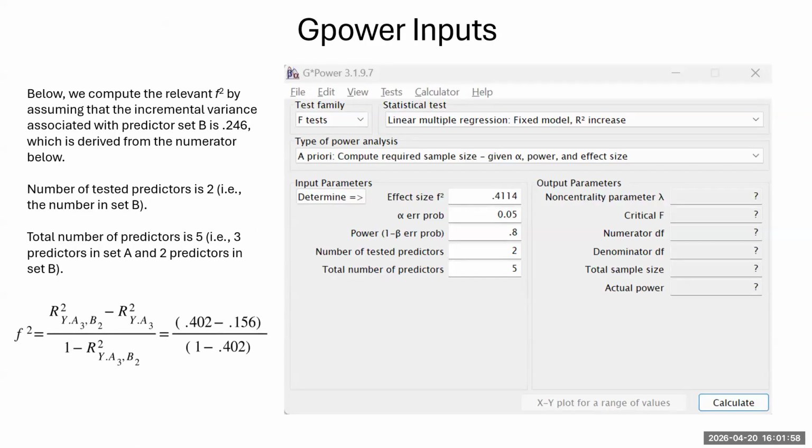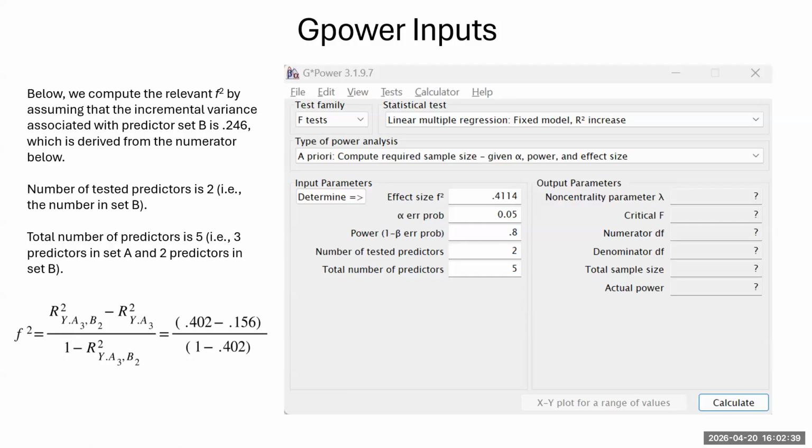Now, if we look at our inputs, we've got some slightly different inputs there. GPower is asking for f squared, and I'll show you how to compute that in a second. It's asking for the alpha level, 0.05, and the desired level of power, 0.8. The number of tested predictors is the number of predictors in set B, and then the total number of predictors would be the total over sets A and B combined. Now the formula at the bottom of the slide on the left shows us how we could compute the f squared.